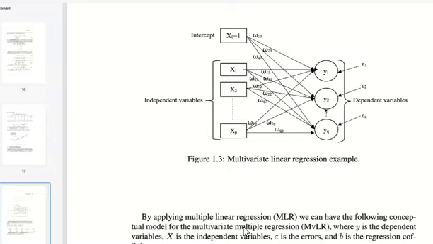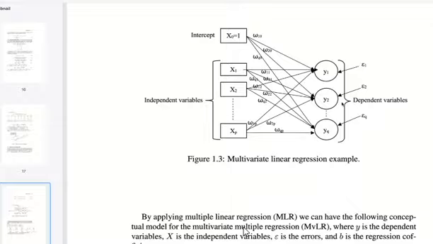These variables are y1, y2, up to yq. So you have q number of dependent variables.